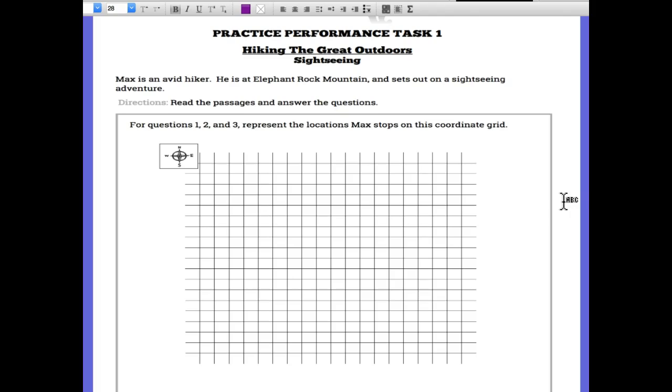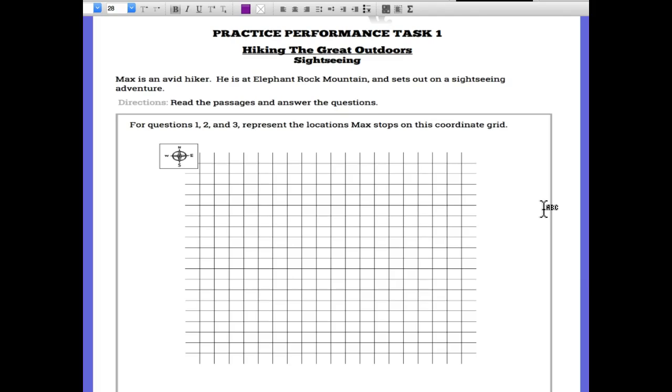So I'm looking at this coordinate grid here, and I'm noticing that there are no numbers. There's no XY axis. There's nothing indicated. So that is going to have to be your first task.